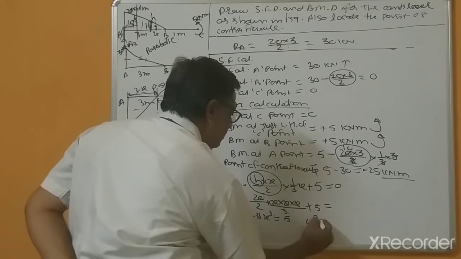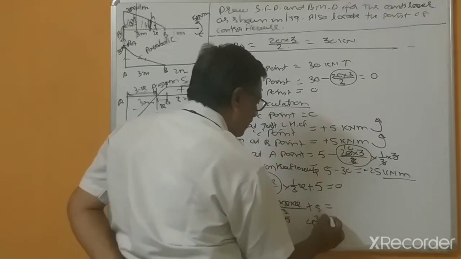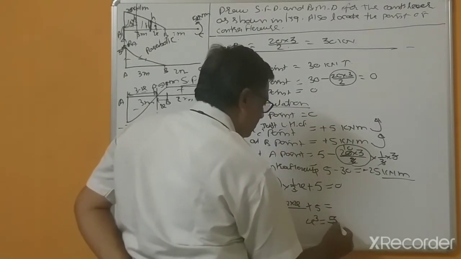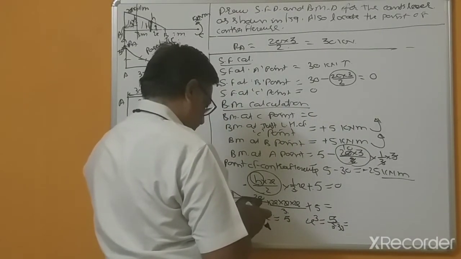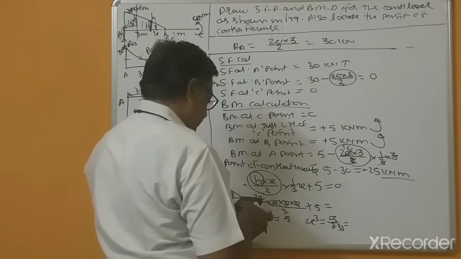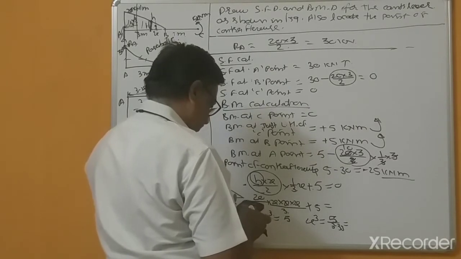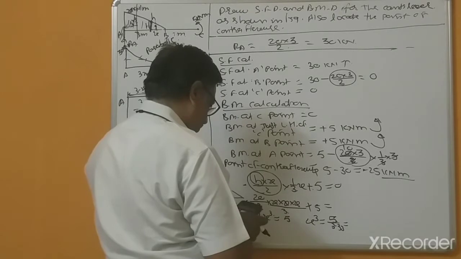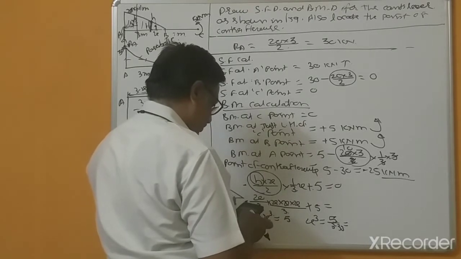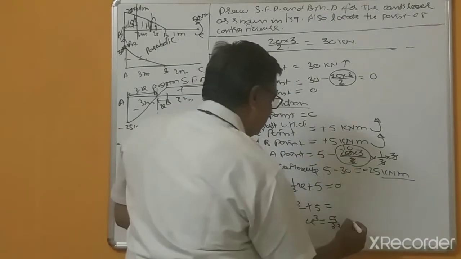So x cube equals 5 divided by 3.33, that is 1.50.